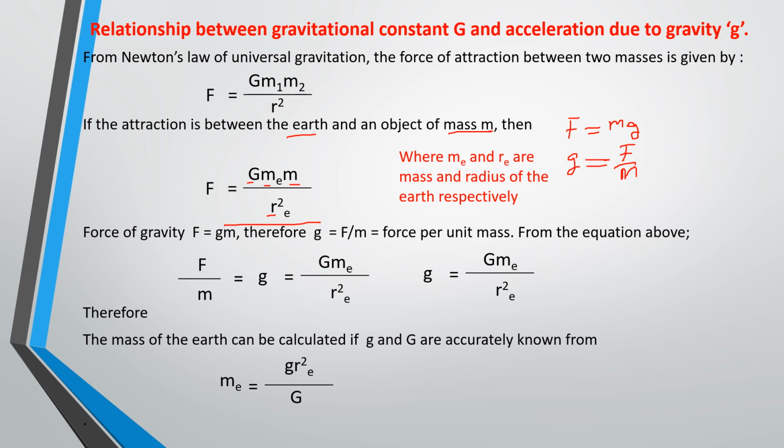Now if we compare this to the equation we have, we can write that equation as F over m equals G times the mass of the earth all over the radius of the earth raised to power 2.